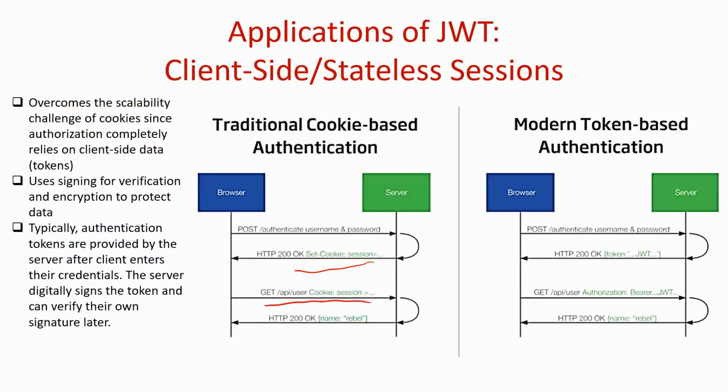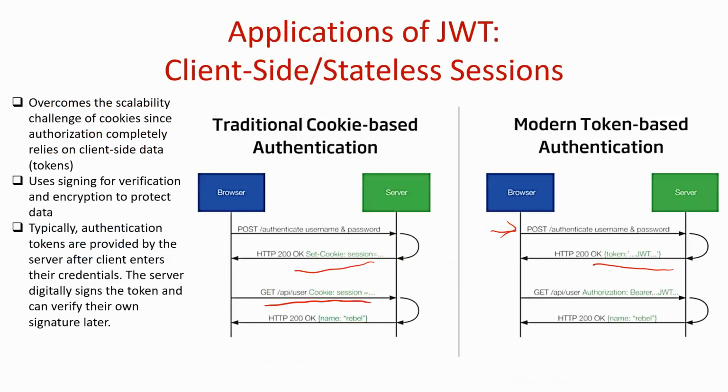If you're doing authentication based on the JWT, then you start with the same authentication step. So you authenticate based on the username and password or whatever method, and then the server will send back to you a JWT token. Okay, and then you save your token locally.